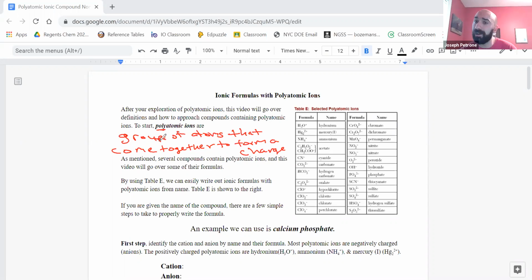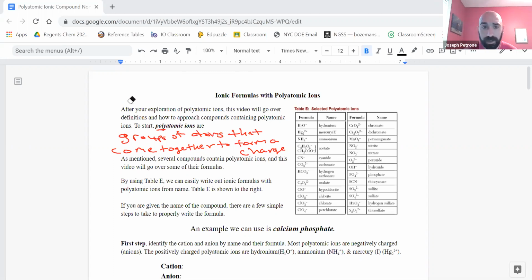So a polyatomic ion is a charged version of an atom, but it consists of multiple atoms grouped together as opposed to just one. Monatomic ions are just the solo ions, such as sodium with a +1 charge. It's just one sodium atom that has this charge, whereas polyatomic ions consist of several atoms grouped together.